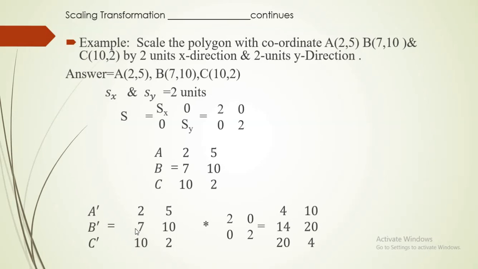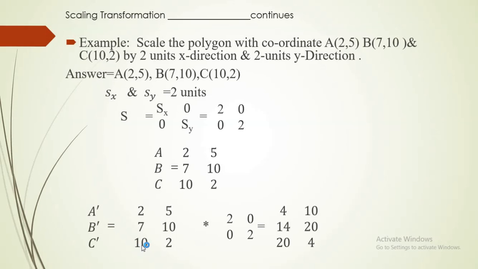Then B dash: the second row multiplies the first column, 7 into 2 plus 10 into 0 is equal to 14. Then the second row multiplied by the second column, that is 7 into 0 plus 10 into 2, that is 20.